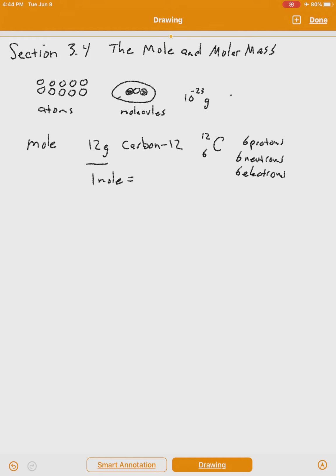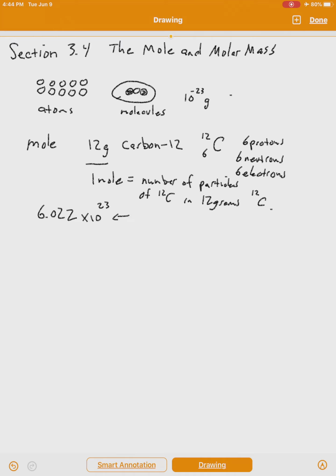So 1 mole is the number of particles of carbon 12 in 12 grams of carbon 12. Okay? So if you have 12 grams of carbon 12, there's some number of atoms of carbon that are in that. And it turns out that number is approximately 6.022, I'll put 4 sig figs, times 10 to the 23rd.